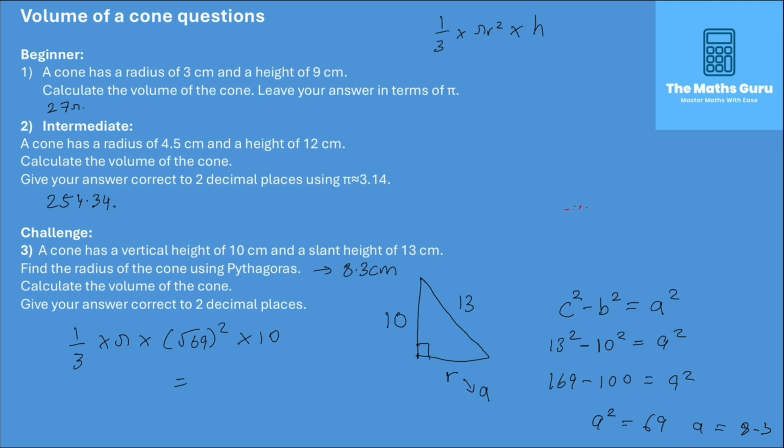We get 230 pi. To two decimal places, this is 722.57 centimeters cubed. Also, I forgot to mention, this is centimeters cubed, and obviously this is centimeters cubed.